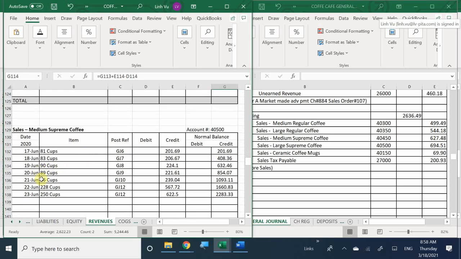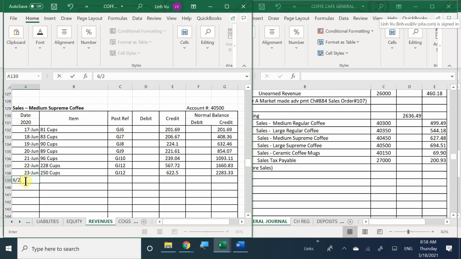How many cups of the medium supreme coffee did I sell? 252. $627.48.